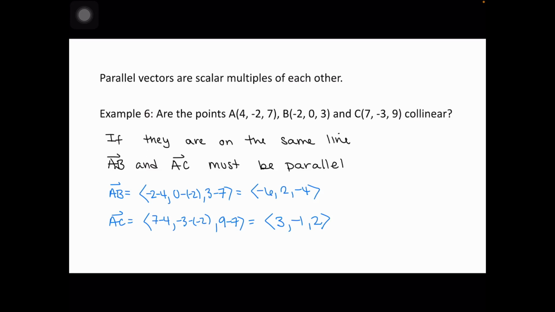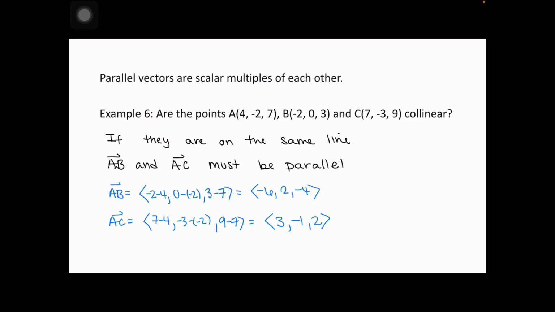I'm going to take my terminal point minus my initial point. So vector AB turns into -6, 2, -4. And then for vector AC, again, terminal point, which was C, minus initial point A, gives me 3, -1, 2.